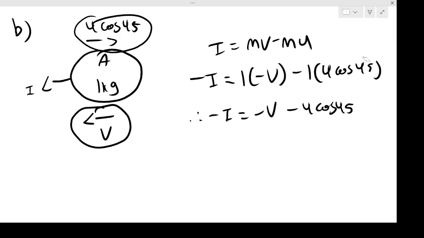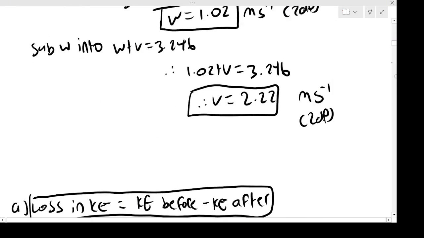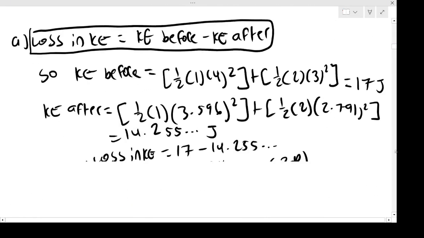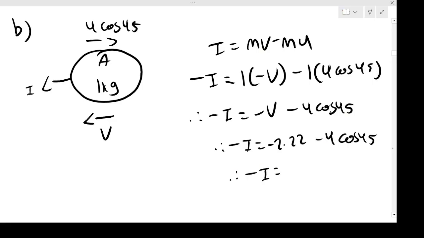But we know what v is, right? We saw previously that v is 2.22. So I'm going to sub that in. So doing that, I'm going to get minus I to be minus 5.048.